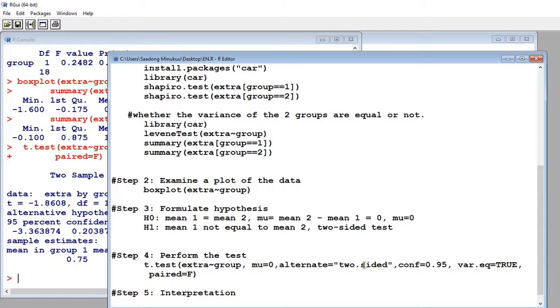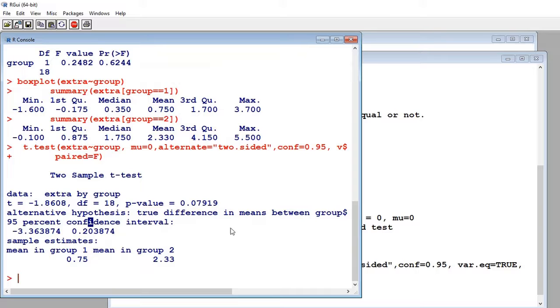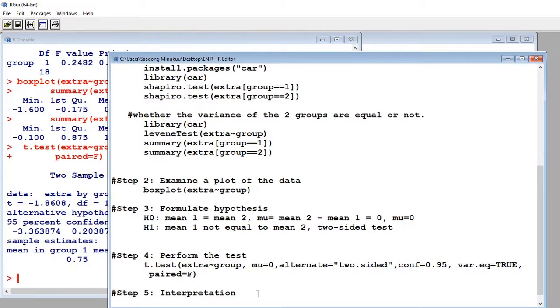Now, having reached this point, let's continue with the interpretation. With the p-value, we realize that based on our test, p is actually greater than 0.05.